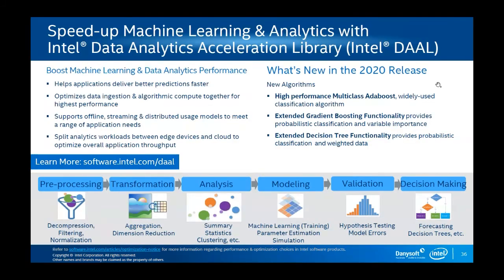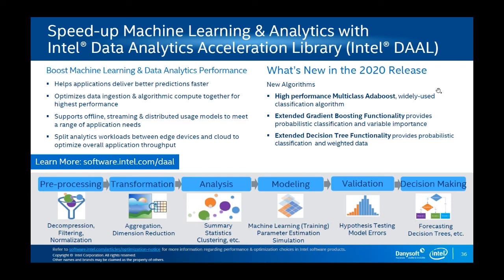Well, the last library that I will comment on is machine learning and analytics, where artificial intelligence is a hot topic these days. Deep learning gets most of the attention, but the classical machine learning techniques and statistical data analytics are still deployed more widely and are often used in conjunction with deep learning.